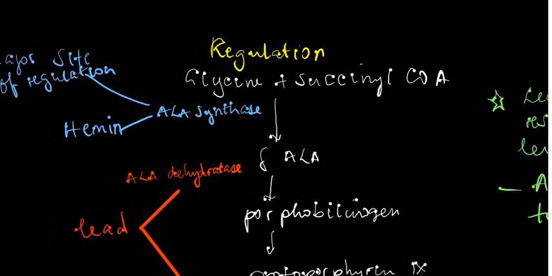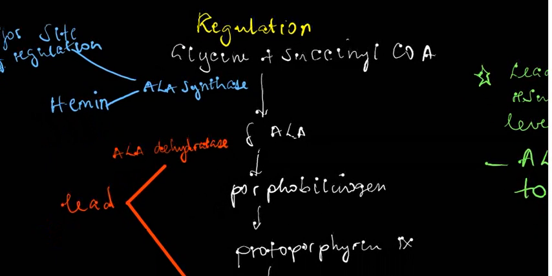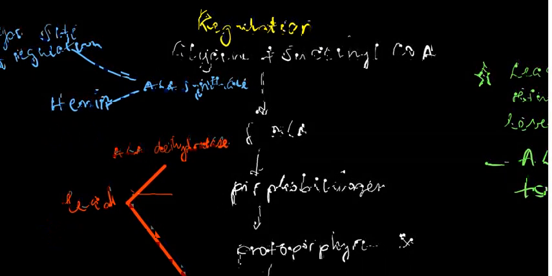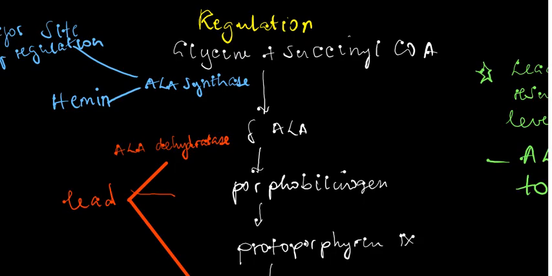Because it's the rate limiting step, you notice that ALA synthase, the enzyme that converts this reaction, is inhibited by what we call hemin. Hemin is a compound that inhibits this enzyme from working.